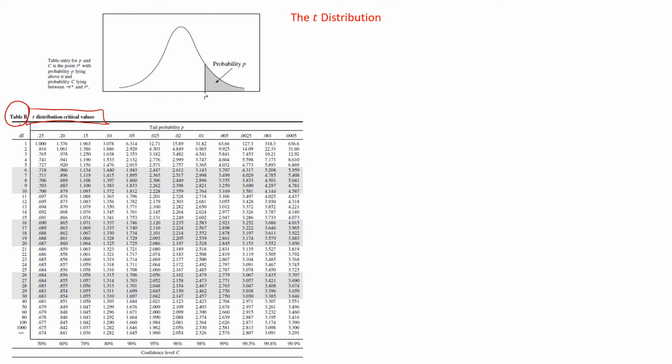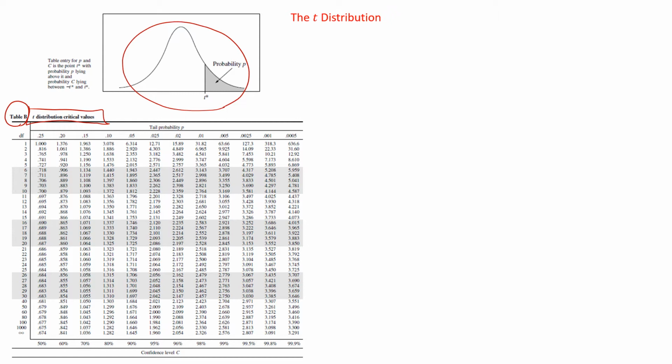Another difference is with z, it was always the area less than, or the probability of getting less than that. Notice here, it's the probability of getting more than that value. If we look to the table itself, it differs from the z table. The z table had the first two digits in the left-hand column, and then the third digit in the top row.